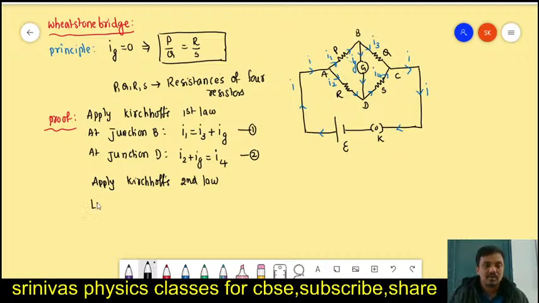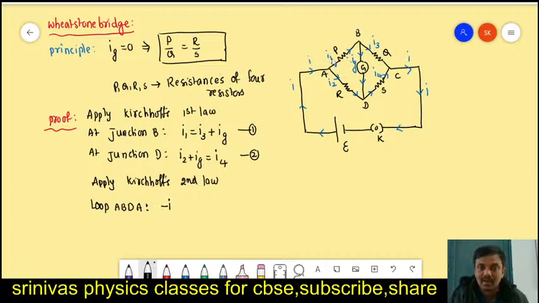Now, first loop A, B, D, A. I am selecting. Your wish. You may select A, D, B, A also. But you have to select the two loops. Then the first one, A to B, I am going in the direction of the current across the resistor. Potential drop occurs. Potential drop you have to take in the direction of the current you are going, means negative, minus IR.